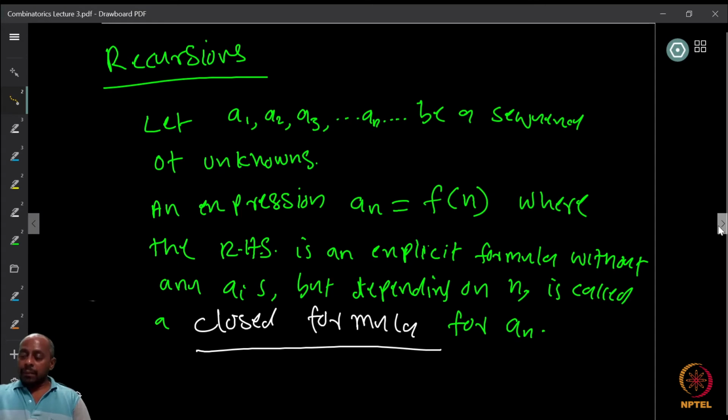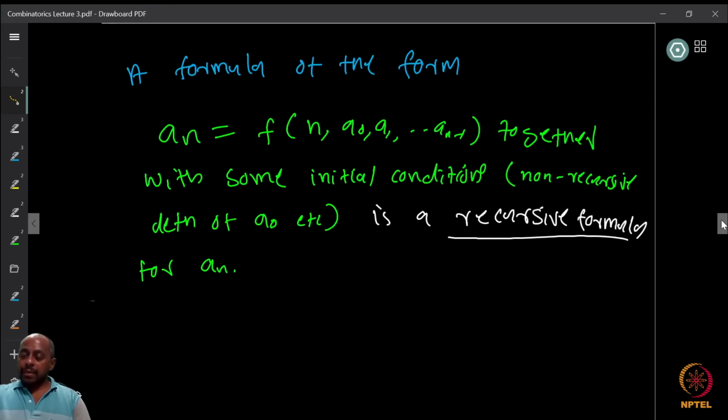Now, on the other hand, a formula of the form a_n = f(n, a_0, a_1, a_2, ..., a_{n-1}), I mean, this can be something other than a_{n-1}, but something less than n, of course. The index should be less than n. Together with some initial conditions like a_0 is something, a_1 is something, etc. Some of these things can be already given, which are not defined recursively. They are given explicitly.